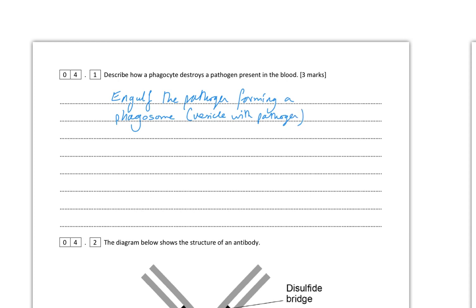You don't need to know phagosome, I just think it's easier to say than vesicle containing a pathogen. And then we need to get the fact that this fuses, or joins, with a lysosome. So engulf gets a mark. All this gets 1 mark as well.